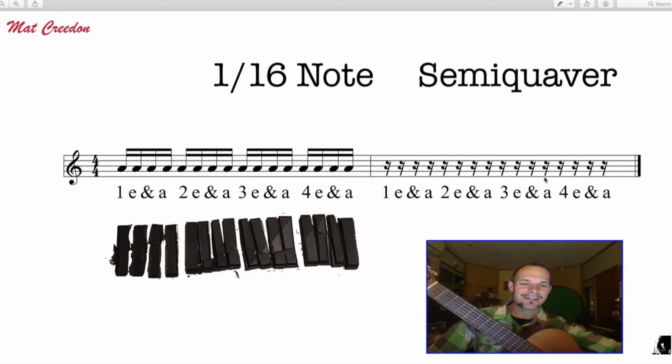And over here are our 16th note rests, and this is how you count 16th notes.